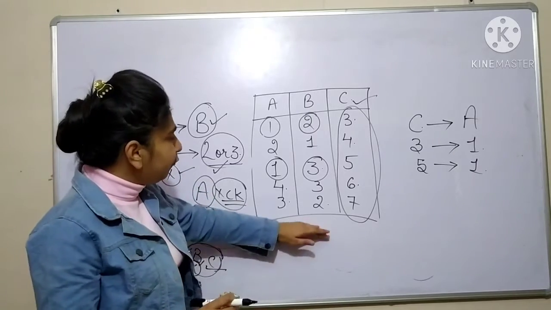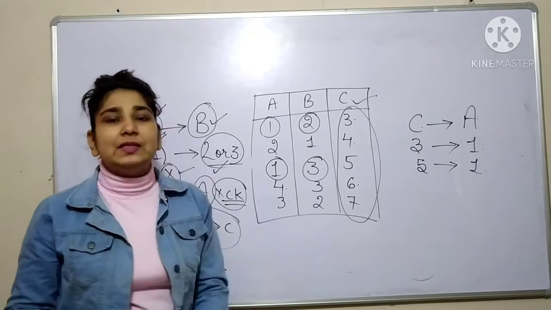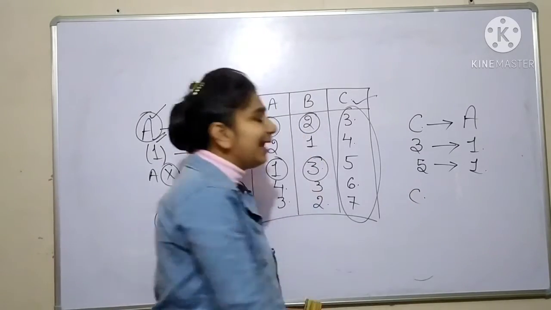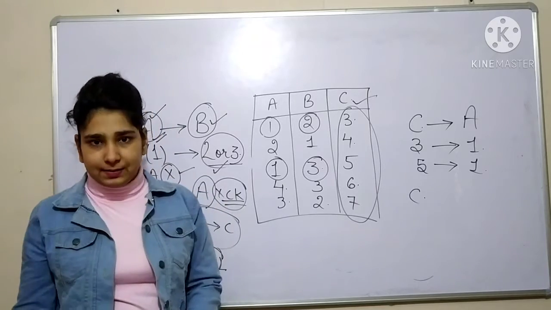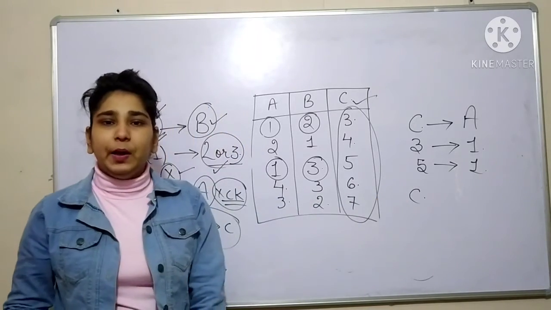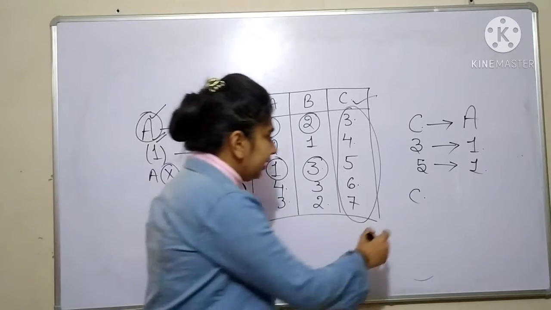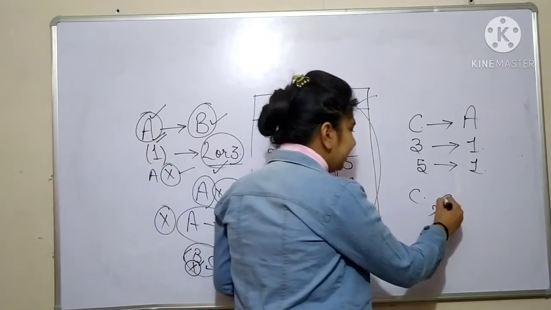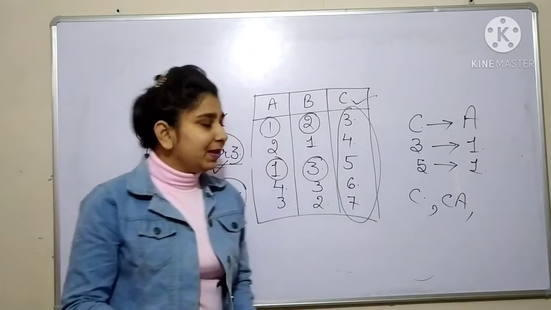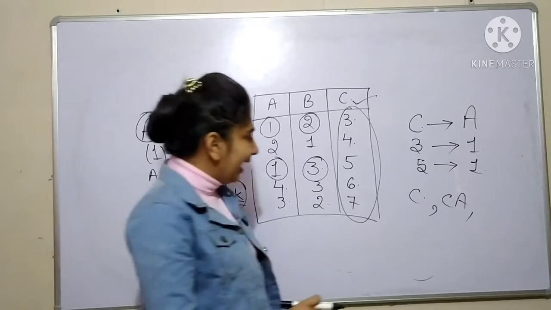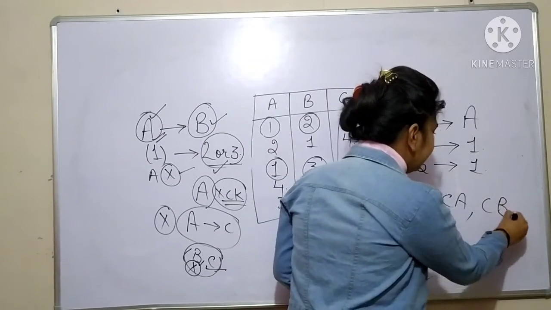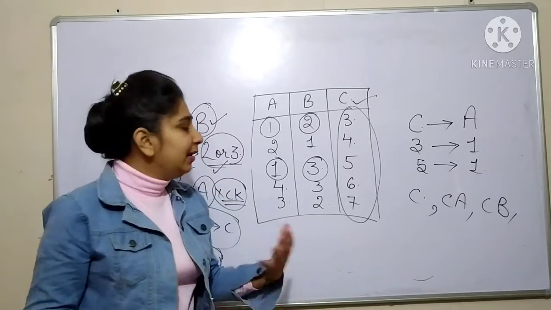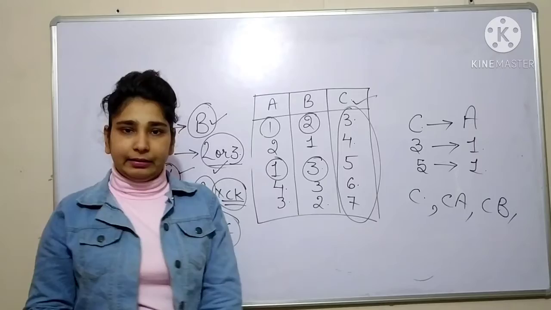And if you have to find the super keys of this relation, what would they be? All the candidate keys are super keys. So C would be your super key. What would be the other super keys possible? We would have CA, next CB, and CAB. We are adding some additional information to the candidate key.